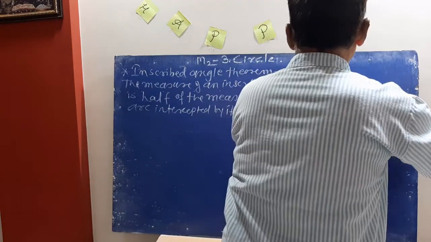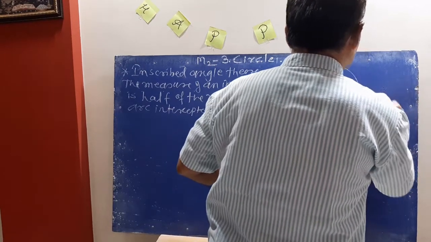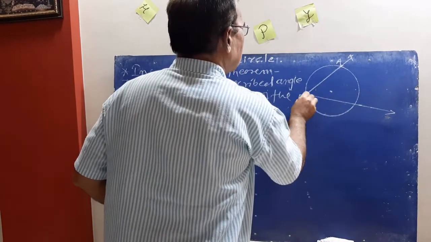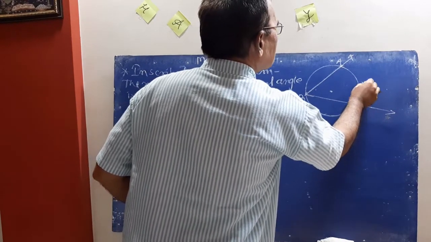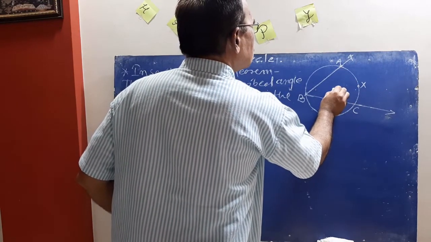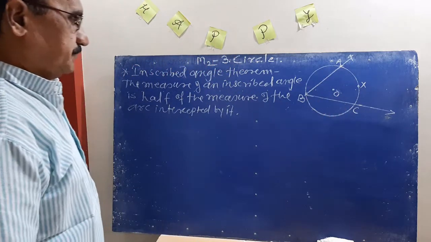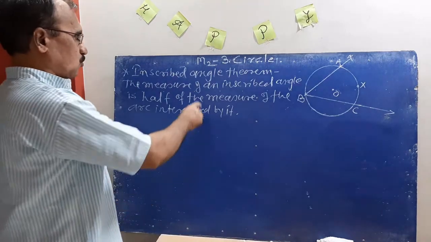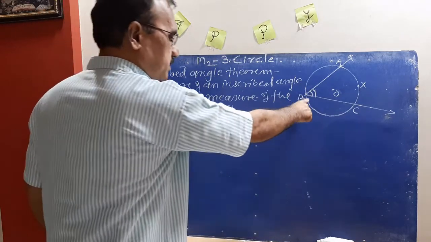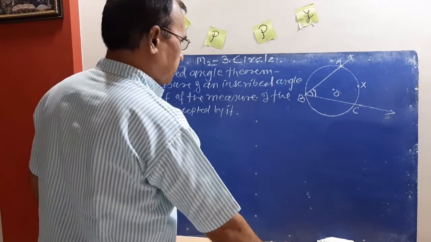This is the inscribed angle, angle ABC. This is point X on the intercepted arc, and suppose O is the center of the circle. Here we have to prove that the measure of an inscribed angle is half of the measure of the corresponding arc.